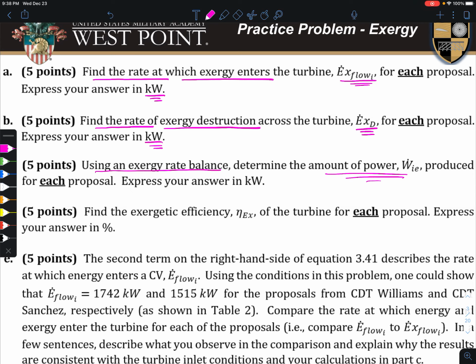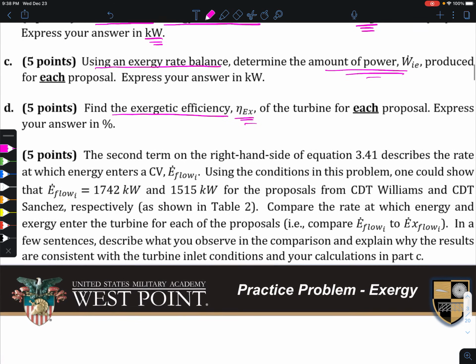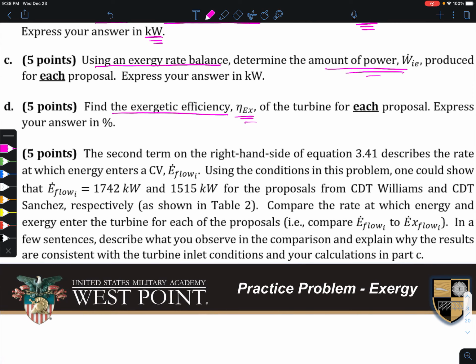And then part D is find the exergetic efficiency, eta EX, which you will see expressed as a percentage. Then let's look at part E, where we compare the rate at which energy flows into the system with the rate at which exergy flows into each of the two systems, and then use that to help explain the performance that we are seeing.